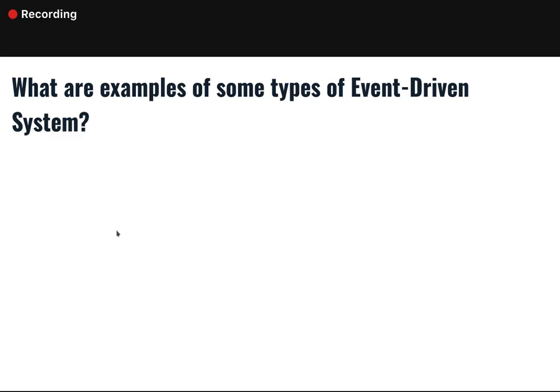What are some examples of some types of event-driven system? We've already said graphical user interfaces. What other examples can people think of, systems where the software is responding to things that occur rather than just going along and then waiting for the user to provide some sort of input?